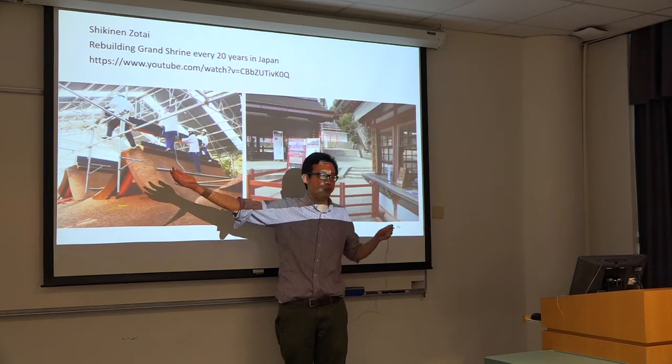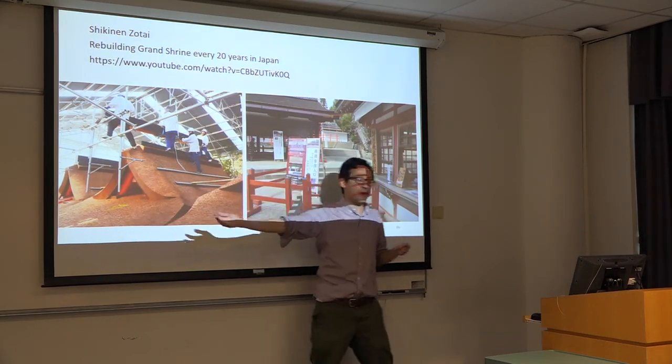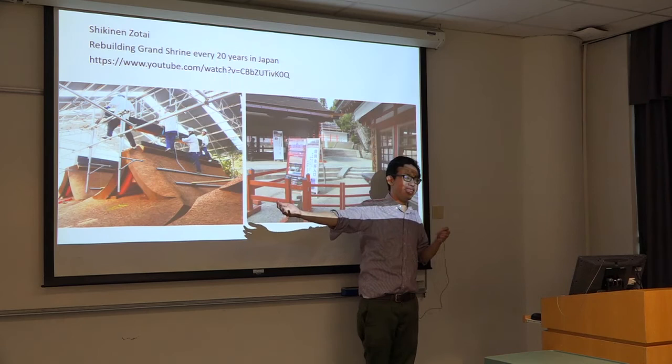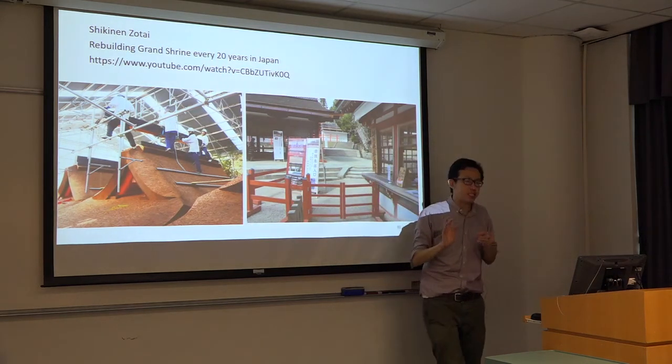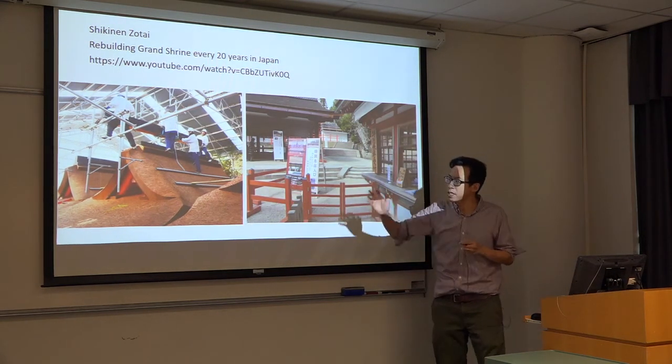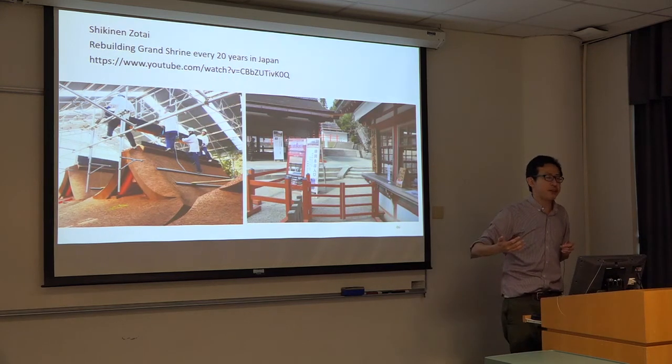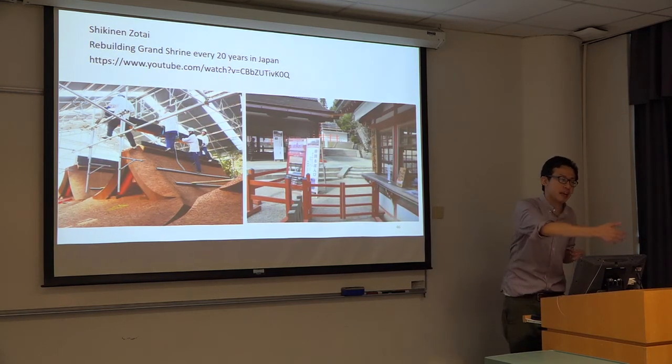All the temples were rebuilt every 20 years. How come you have a 100 years old building? But that's quite controversial, right? Because we know Japan has a very good tradition of maintaining their buildings, right?